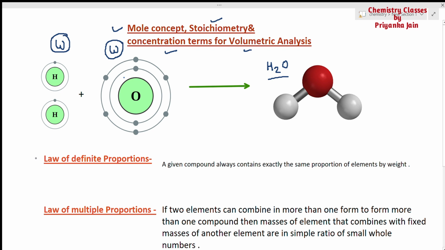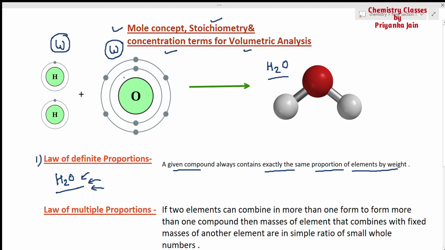These laws, see here one by one. The first is the law of definite proportion. According to this law, a given compound always contains exactly the same proportion of elements by weight. Suppose we take the water molecule H2O, from rainwater, seawater or a pond, from anywhere.